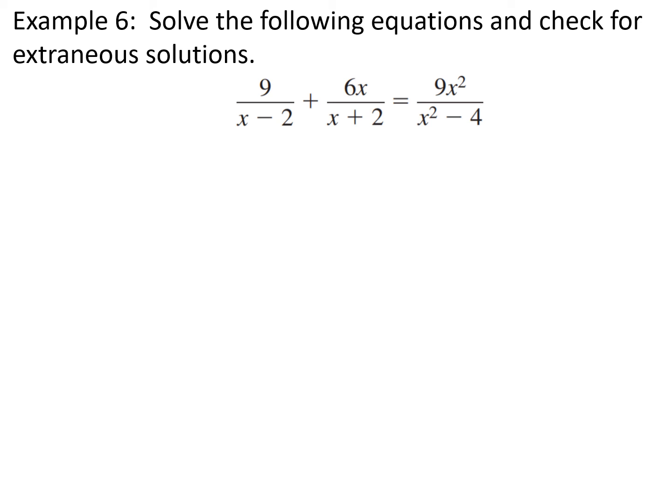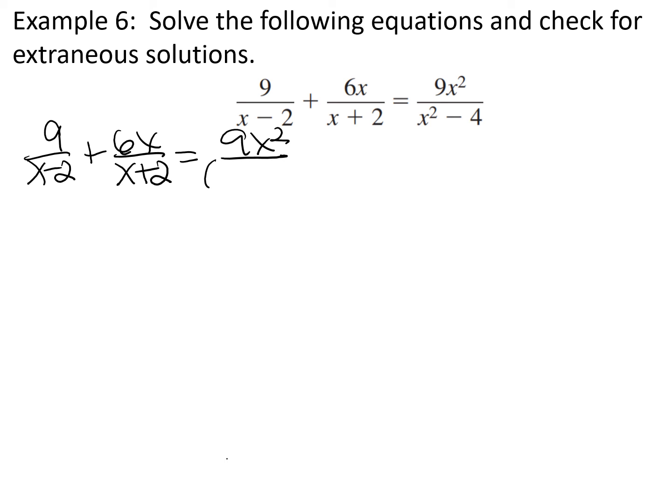So here again, we want the LCD, but I need to factor it first. So I'm going to say 9 over x minus 2 plus 6x over x plus 2 equals 9x squared over x plus 2, x minus 2. So I'm going to multiply that x plus 2, x minus 2 to all of this.